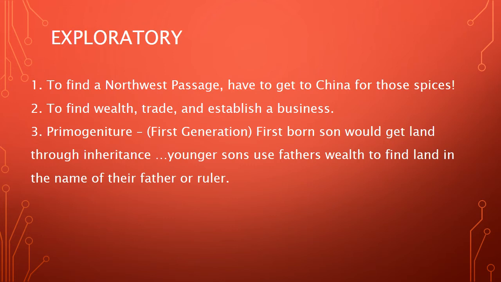The other reason why people decided to explore the New World, or just explore in general, was a process known as primogeniture. All right, primogeniture means first, primo, genitor, generation, first generation.